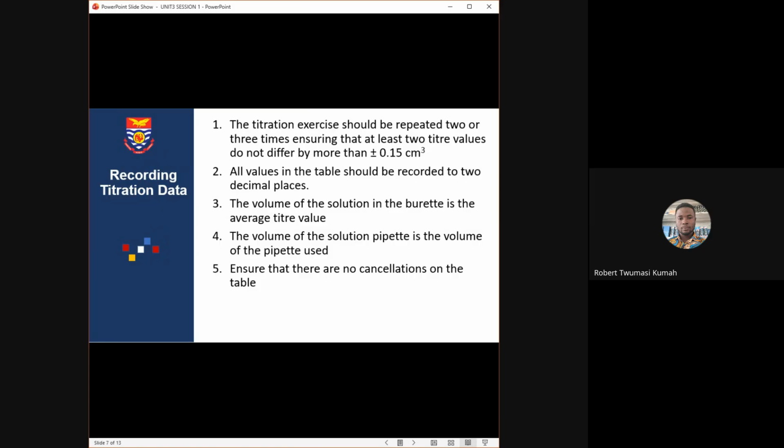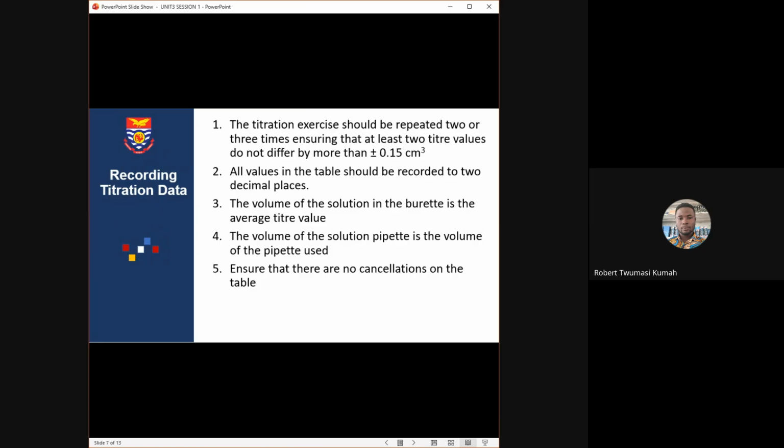So for example, if you had one that is like 22.1, then we expect another one either 22.1, 22.2, or maybe something around 21.9.